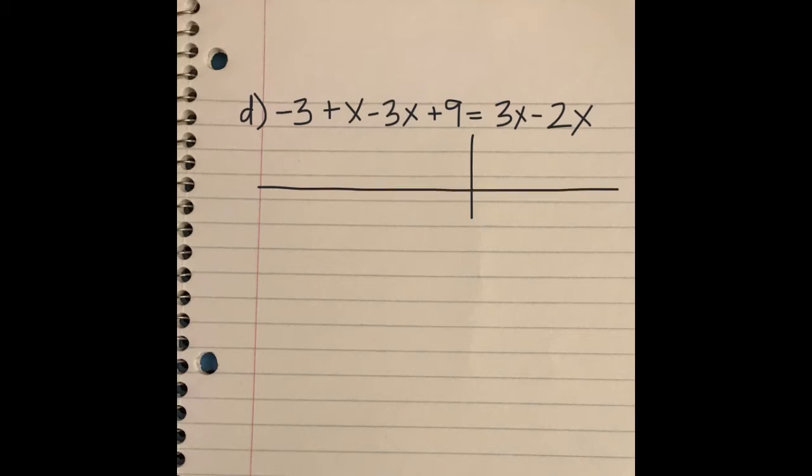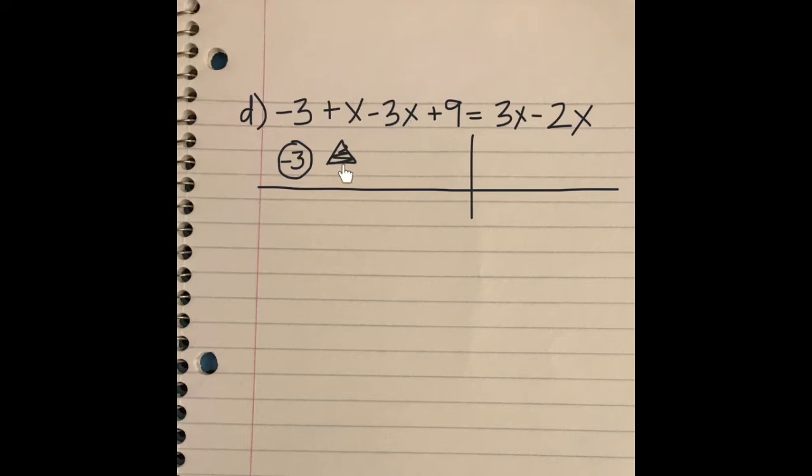All right, so if I go item by item, the first thing I have is a negative 3. So I'm going to put that in a circle. And I'm going to add an x. And then I am supposed to take away 3 x's.